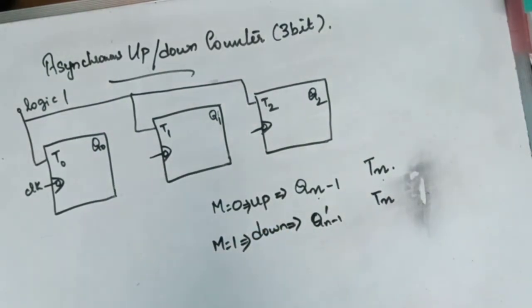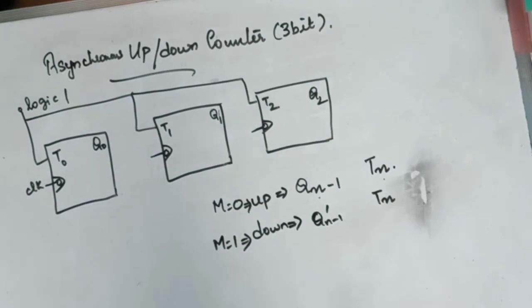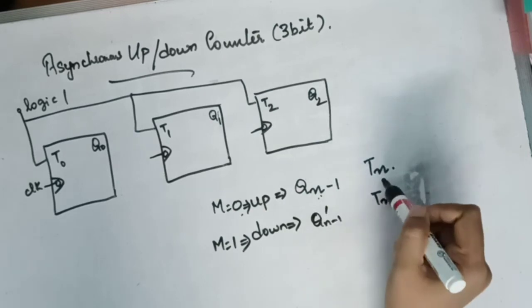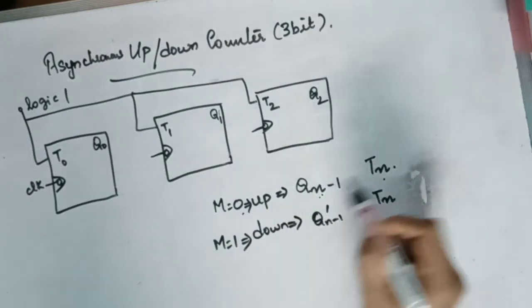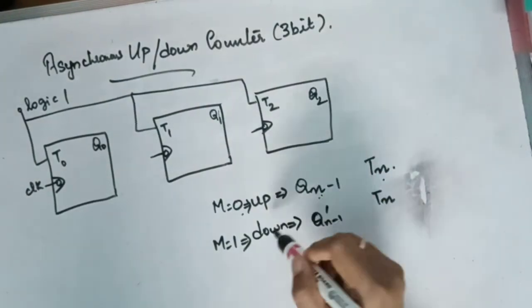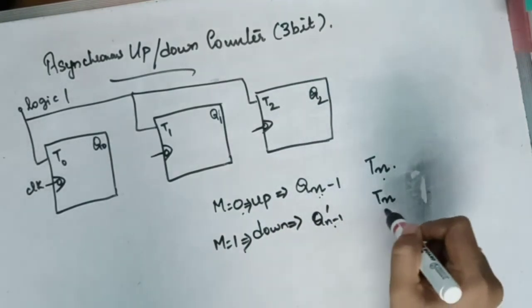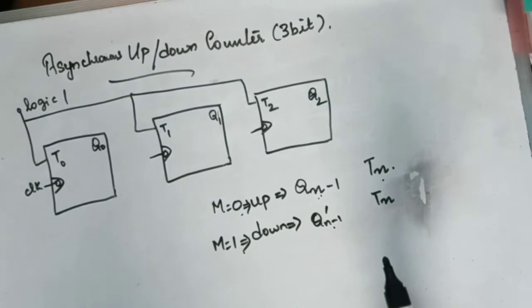So if M is equal to 0, then it should up count. M is equal to 1 means it should down count. So M equal to 0 means Qn minus 1 should be connected to the clock of Tn, and M equal to 1 means Qn minus 1 bar should be connected to the clock of Tn flip-flop.